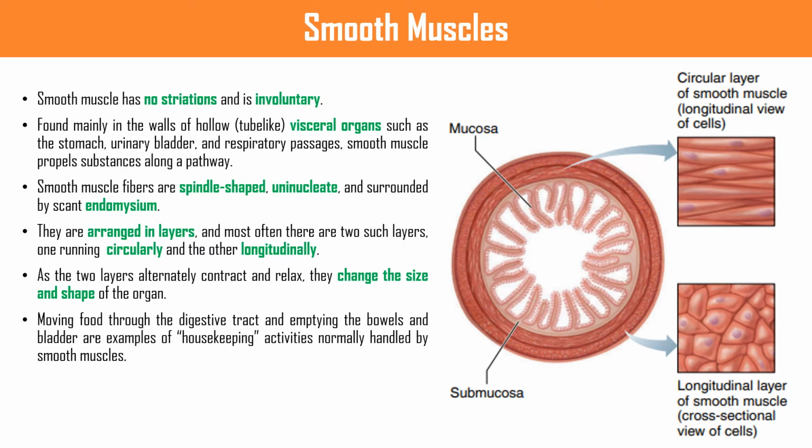Moving food through the digestive tract and emptying the bowels and bladder are examples of housekeeping activities normally handled by smooth muscle. Smooth muscle contraction is slow and sustained. In the diagram, you can see the circular layer and the longitudinal layer of the smooth muscle.